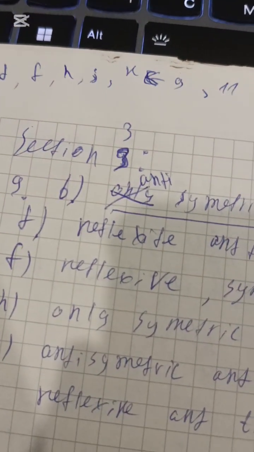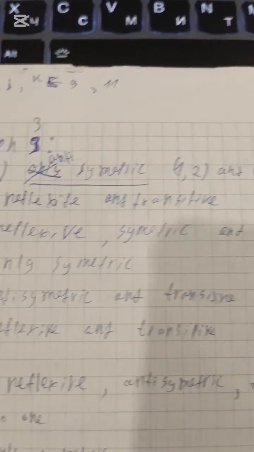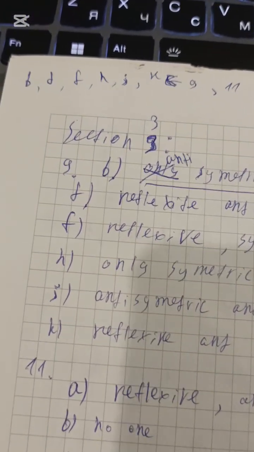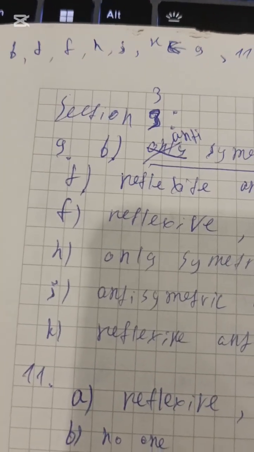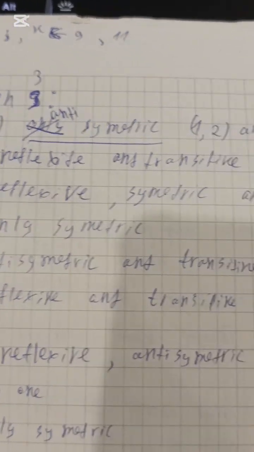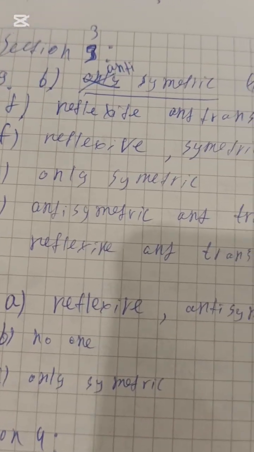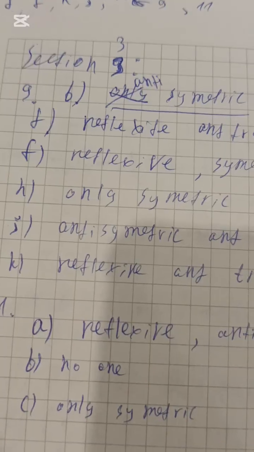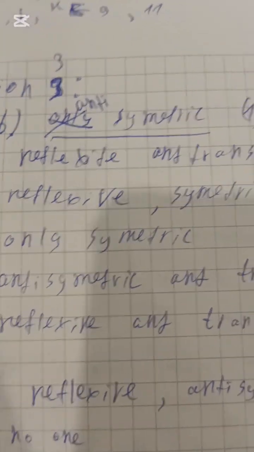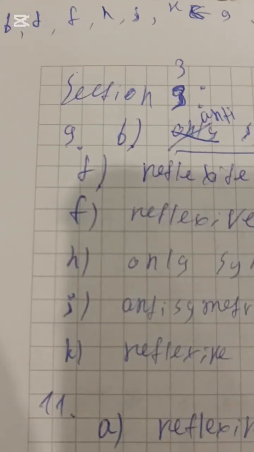So next is D. D is reflexive and transitive because there are elements that I mentioned in the previous task B. F is reflexive, symmetric, and transitive, and not antisymmetric because there are two sets that conflict with themselves, so it's not antisymmetric.